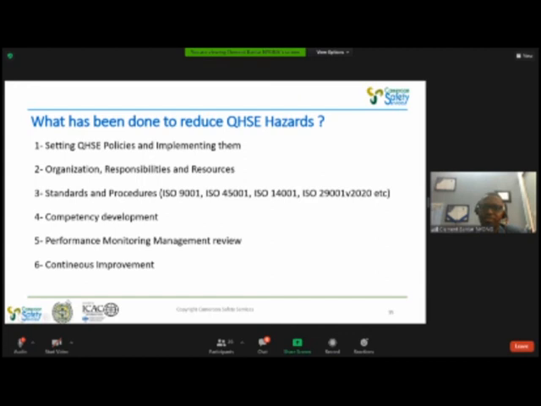So what has been done to reduce some of the hazards we have seen? Many industries have policies which they are implementing, and this has contributed a lot. Some incidents are natural and some are man-made.